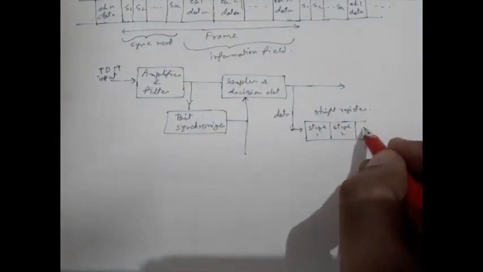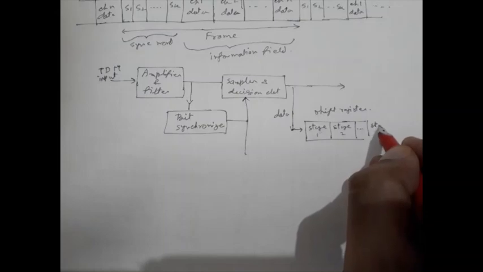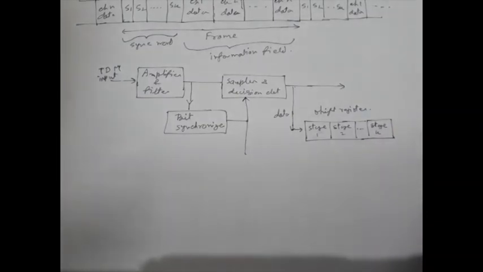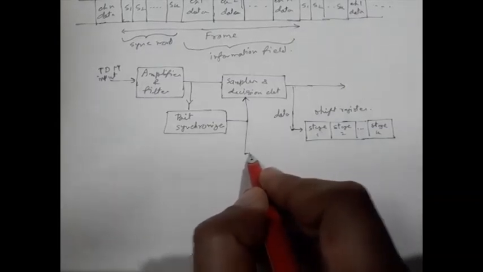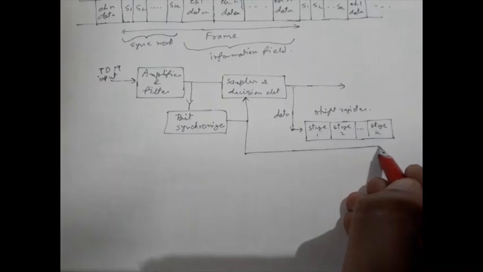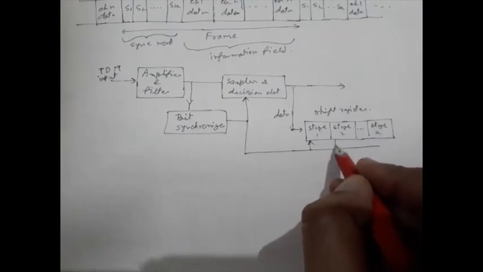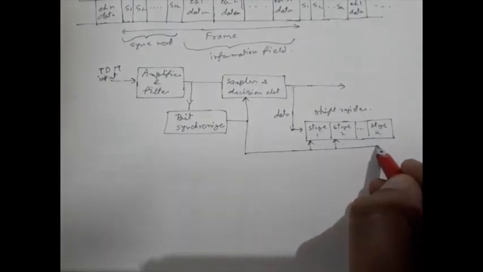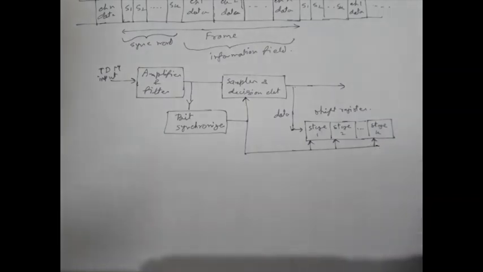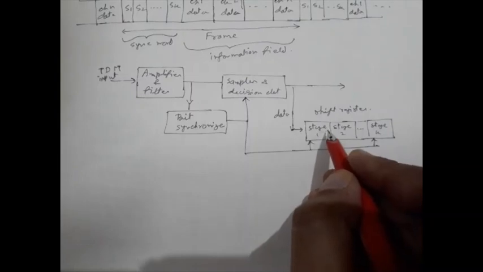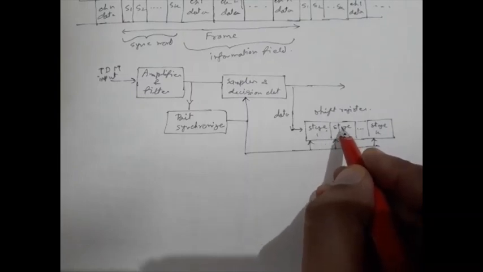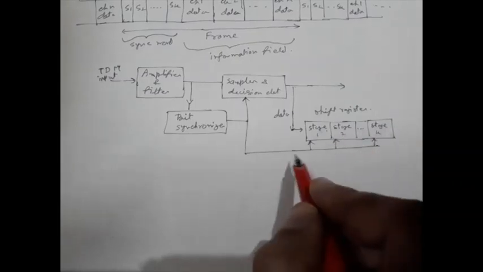So up to stage k. The shift registers also use the same clock. So data will first enter stage 1, then that data will go to stage 2 in the next clock cycle, and so on.